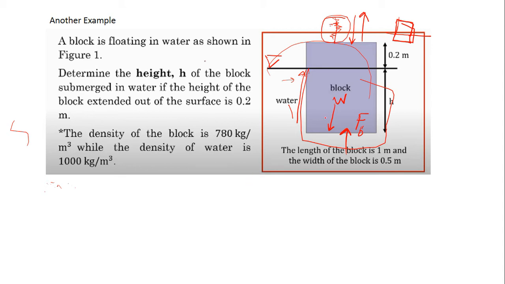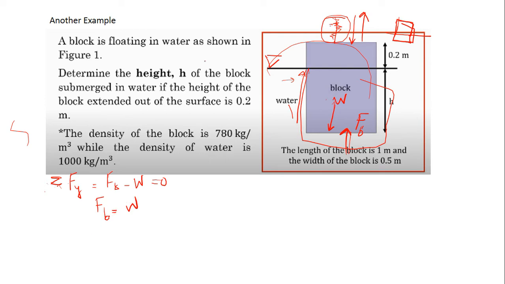So the only forces in this block are the weight and the buoyant force. You can write the summation of forces in the vertical direction. If upward is positive, FB minus W equals 0. That means your equation is FB equals W, as easy as this.